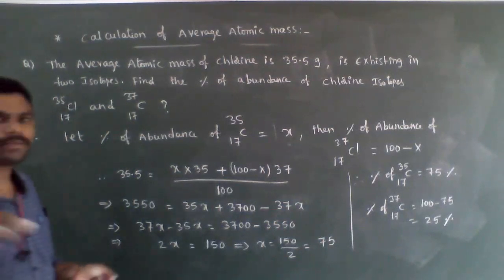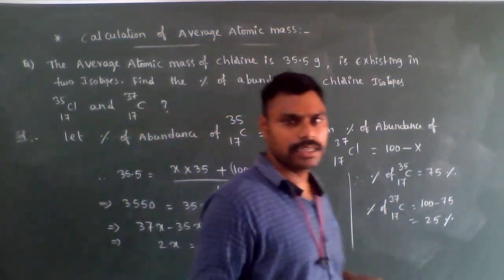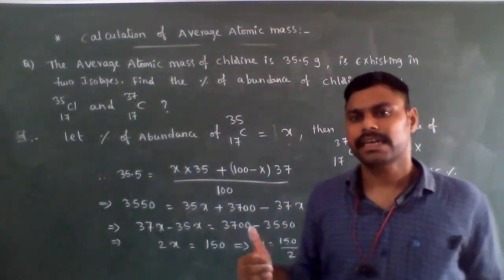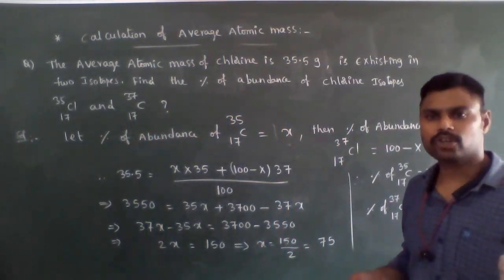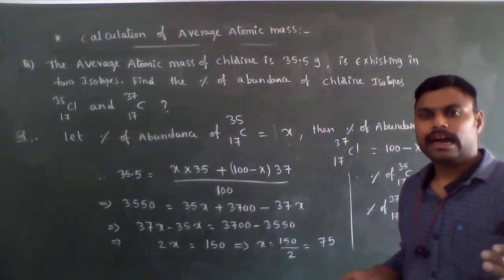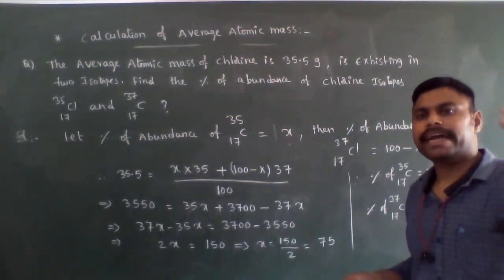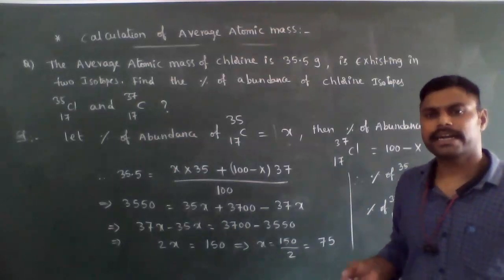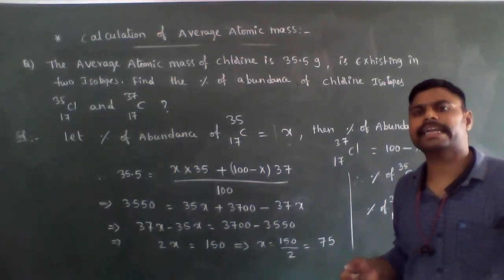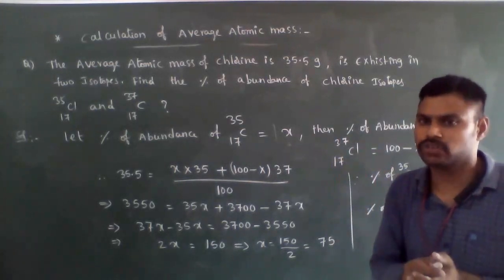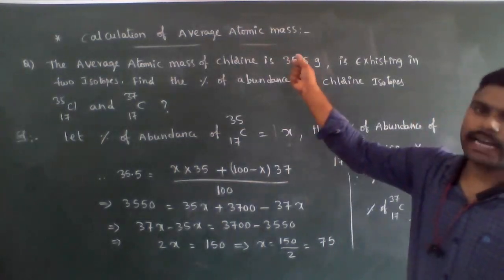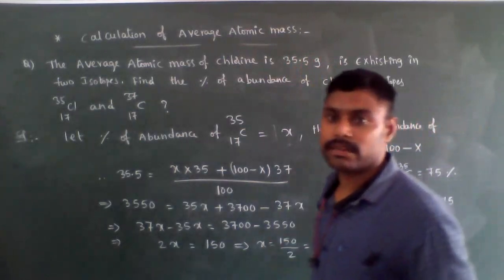Why was the average atomic mass concept introduced? Generally for atoms existing in isotopic forms. What is the meaning of isotopes? Isotopes means atoms whose atomic number is the same but atomic masses are different. Those different atomic masses exist in different ratios. That's why we need to calculate their average atomic mass.